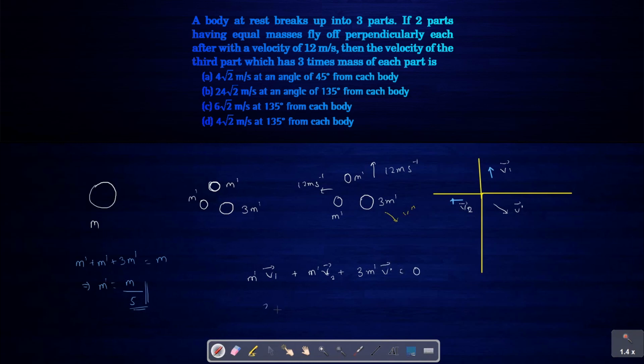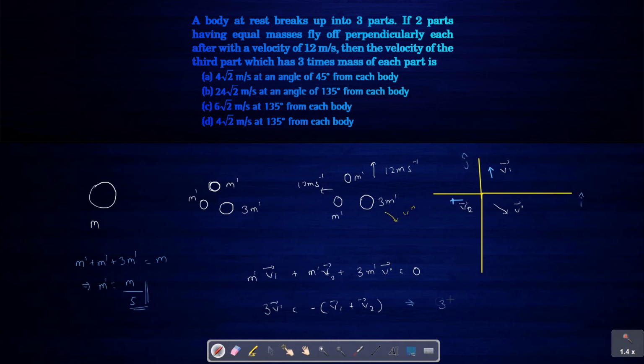So 3v dash bar is equal to minus of v1 bar plus v2 bar. Let's call positive i cap in this direction and positive j cap in this direction.